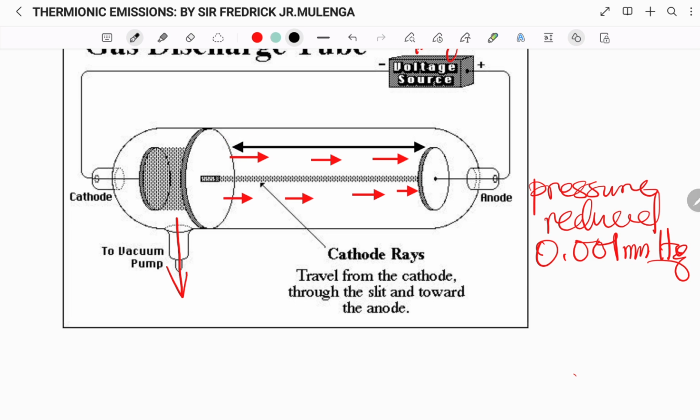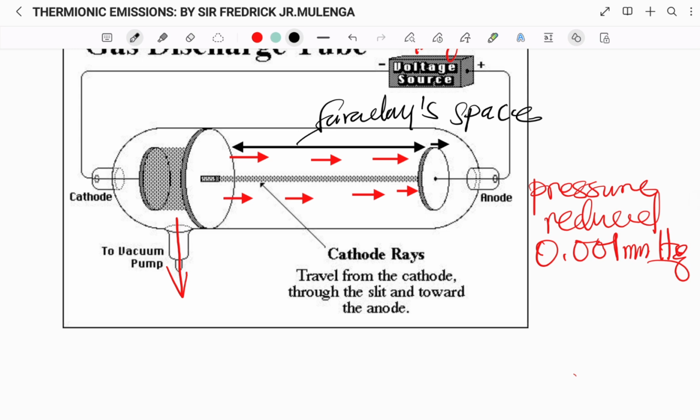They gave this darker space the name Faraday's space. As they continued reducing the pressure, this dark space went beyond the anode, and the sides of the tube started glowing greenish.